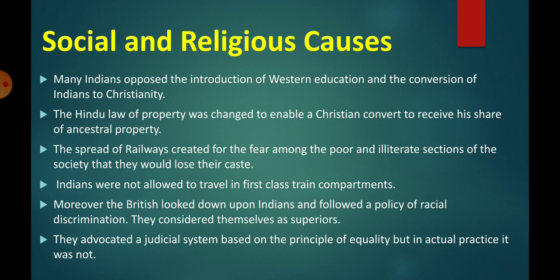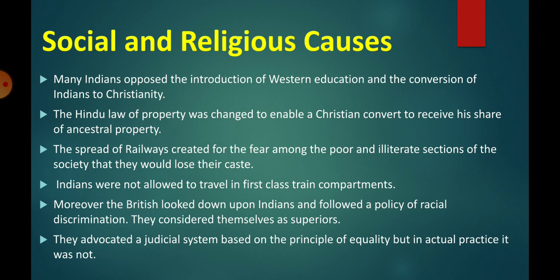And the spread of the railway created further fear among the poor and illiterate sections. Lord Dalhousie, who was the Governor General from 1848 to 1856, started the railway in our country. The first railway was started in 1853 from Mumbai to Thane.